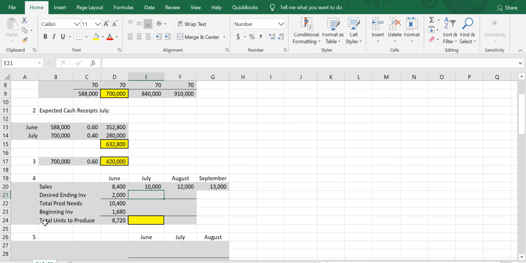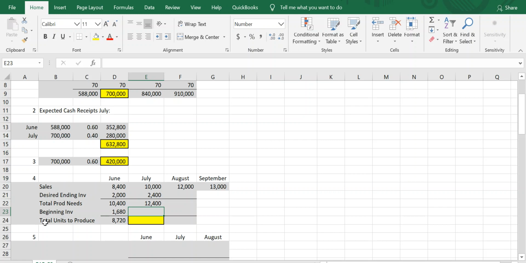Now, with July, we're going to move into, again, calculating what we want the ending inventory to be based on August. So we have the August number times 0.20 gives us 2,400. We add the 2,400 to the 10,000, we get 12,400. So our beginning inventory here would be what?